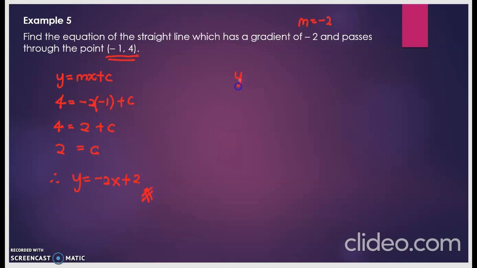Or we can use y minus y1 is equal to m times (x minus x1). Let's say the first is method 1, and this is method 2. In this method, we don't have to find the value of c. We can straightforwardly substitute x1 and y1. So y minus y1, which is 4, is equal to m, which is -2, times (x minus x1), where x1 is -1, so minus -1. I have to put it in brackets. So y minus 4 is equal to -2(x plus 1).